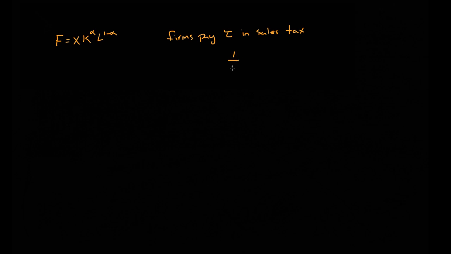So 1 over L of f is going to be x little k alpha. And we just cancel the L by splitting, right? When you divide x k alpha L1 minus alpha, we'll write the L as L alpha L1 minus alpha. So that cancels. And then just like the other question we did, we'll move the L to the other side. So we'll have L x k alpha. Great, so that's what we'll substitute into the profit function.